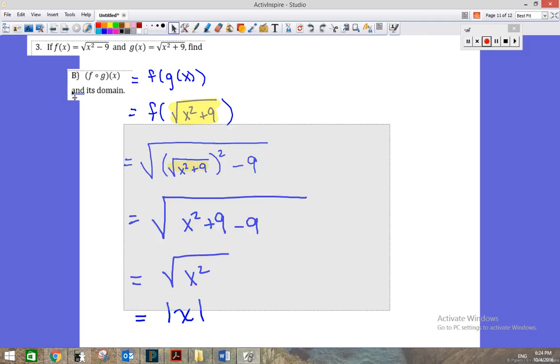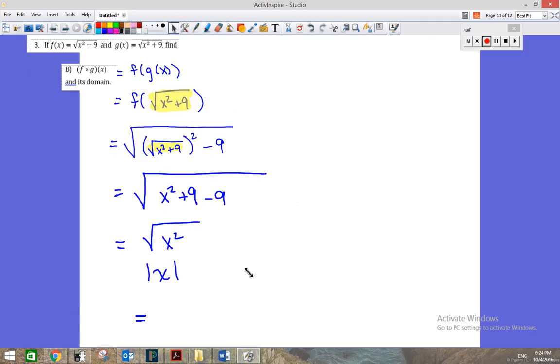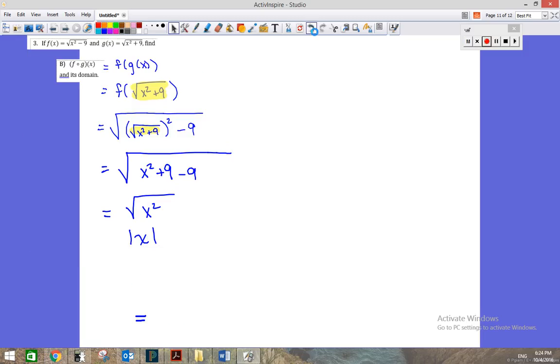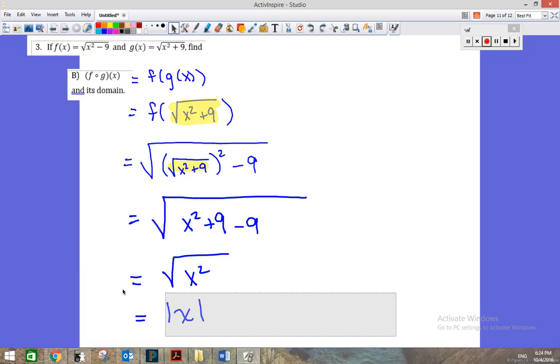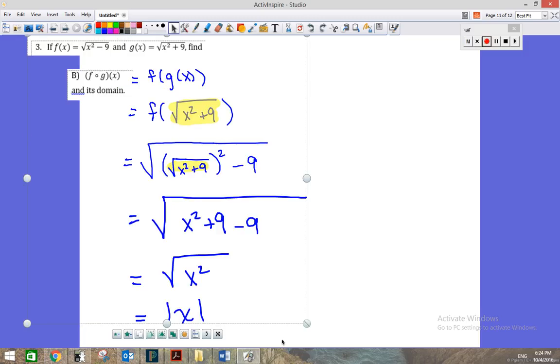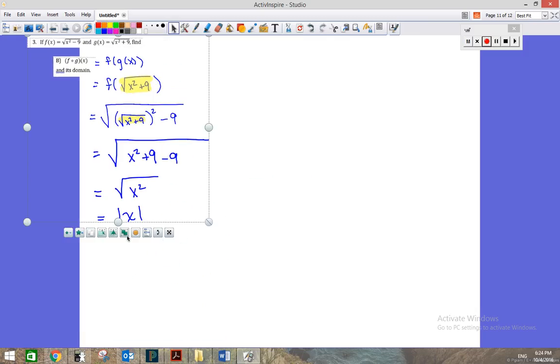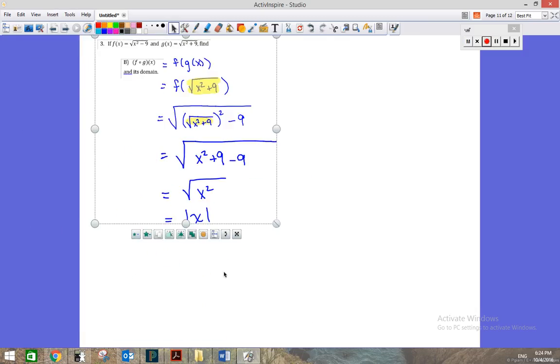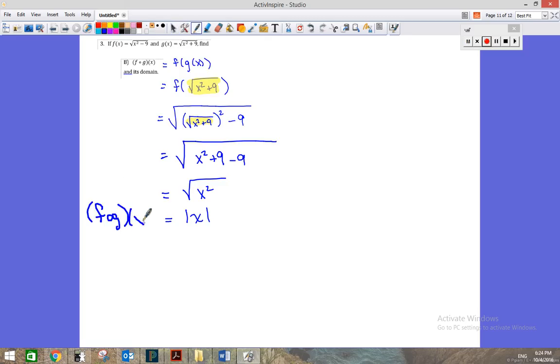And that's by definition. Alright, let's get this over a little bit. Our first answer, we found that f composed with g of x was equal to the absolute value of x.